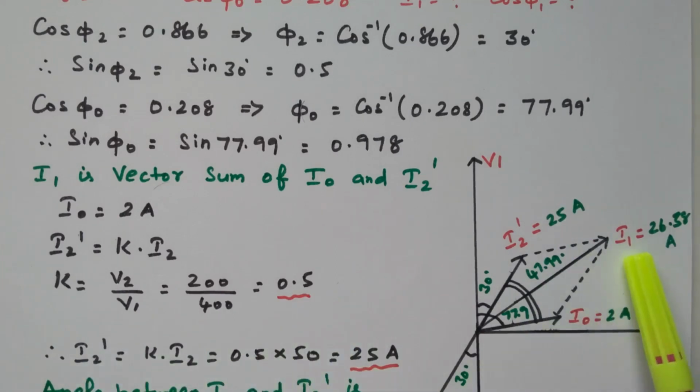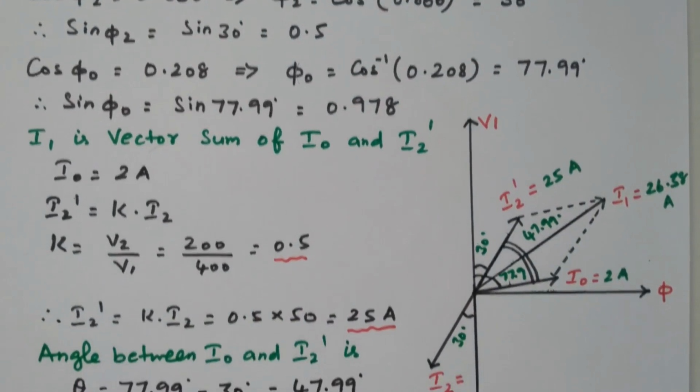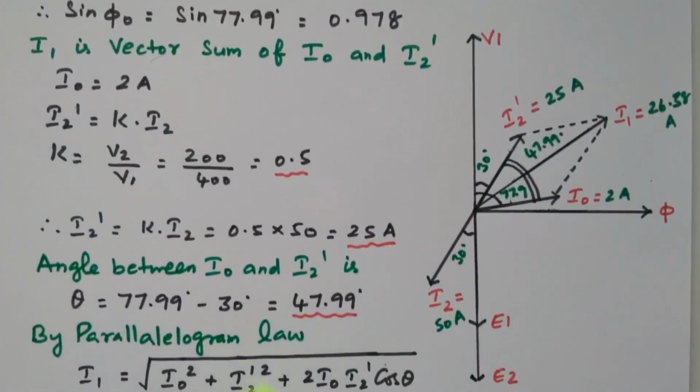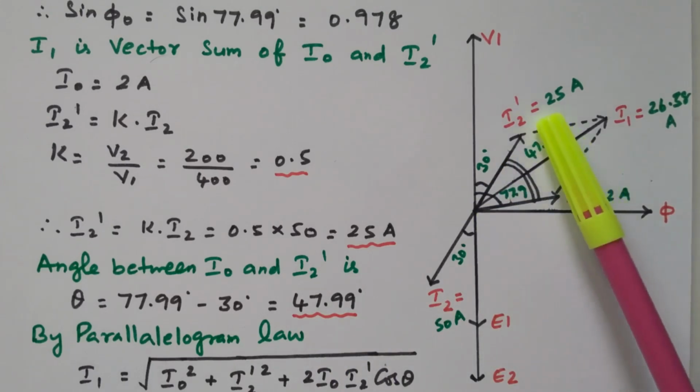Now we can calculate the I1 value. The angle between I0 and I2 dash is the difference between these two angles, 77.99 minus 30 degree, that is equal to 47.99 degree. So now the angle is available, I0 value available, I2 dash value available.